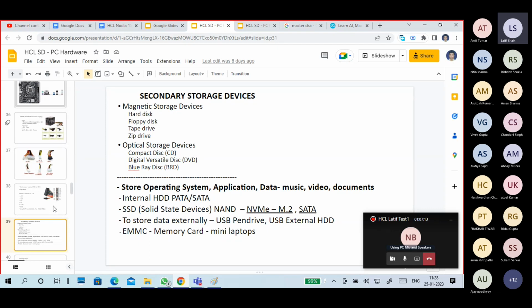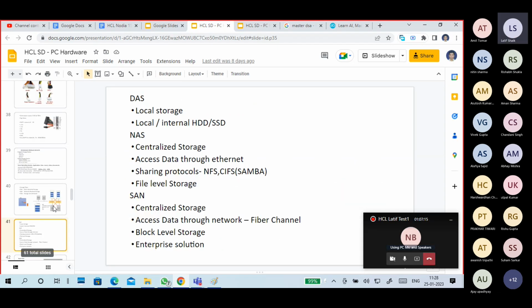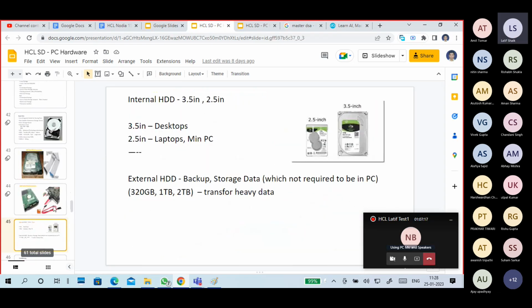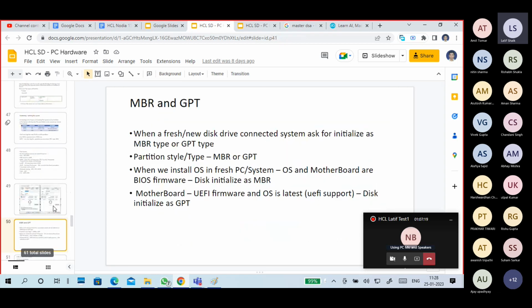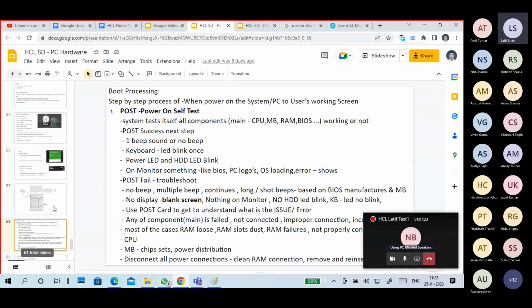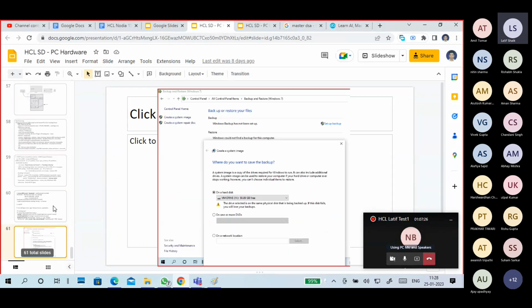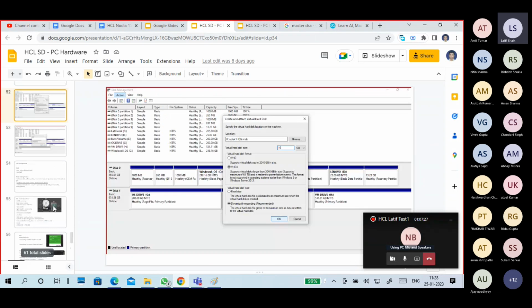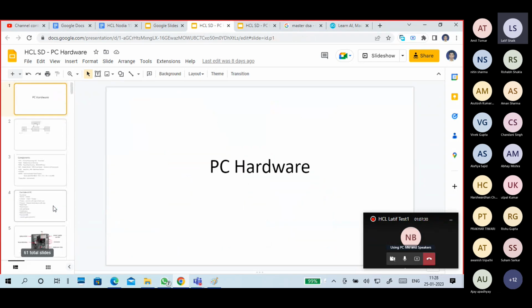And some story like what is hard disk, what is SSD, what is MBR, GPT, what is boot processing. This is the part in the PC hardware.